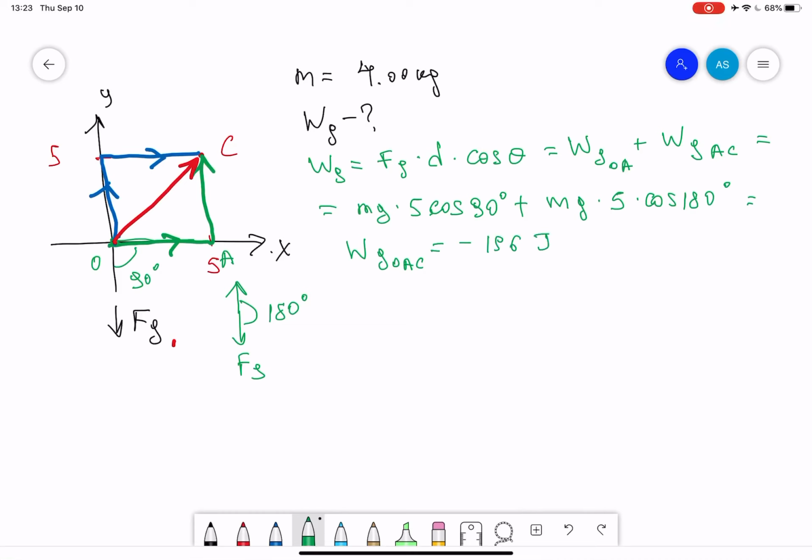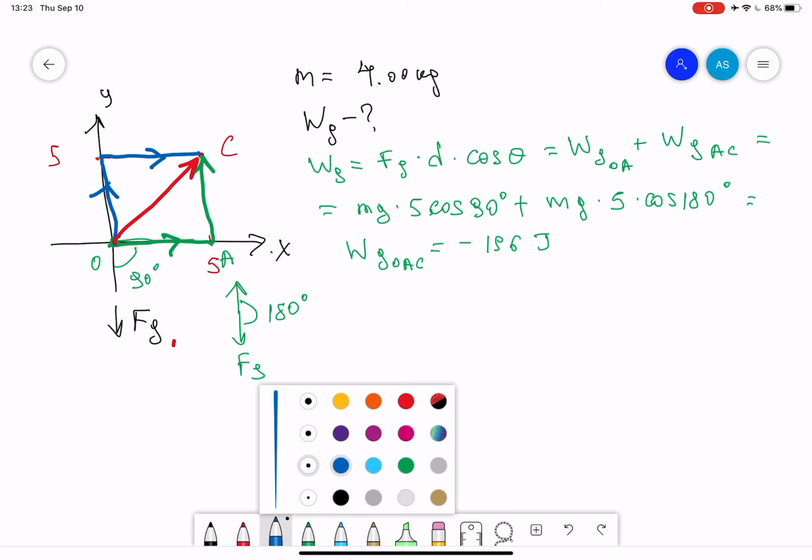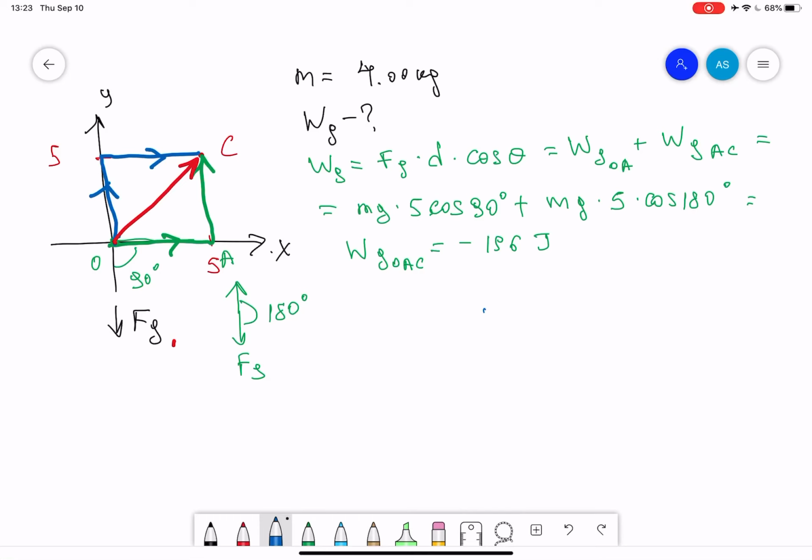Now let's calculate the work done by gravity along the path O, B, C. This is the second part. The work done by gravity along O, B, C is equal to mg multiplied by the distance, 5 meters, multiplied by the cosine of the angle between them.